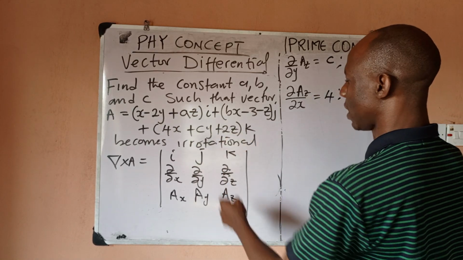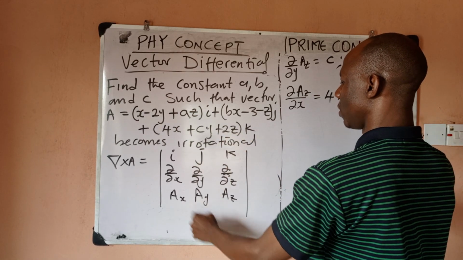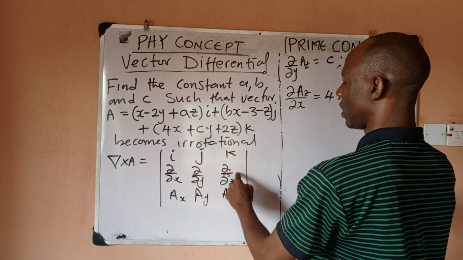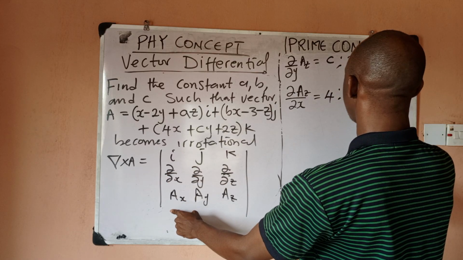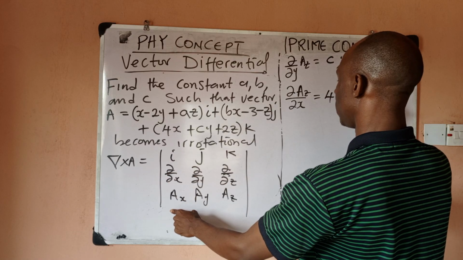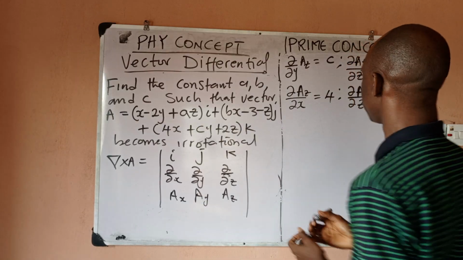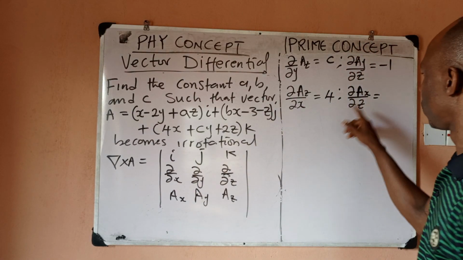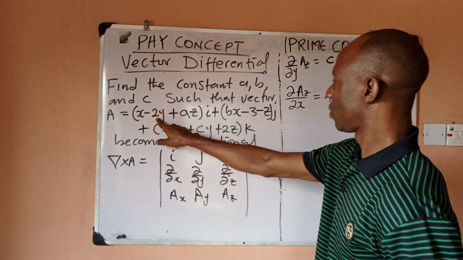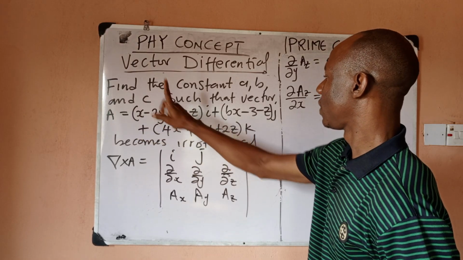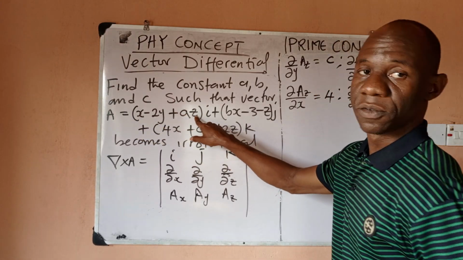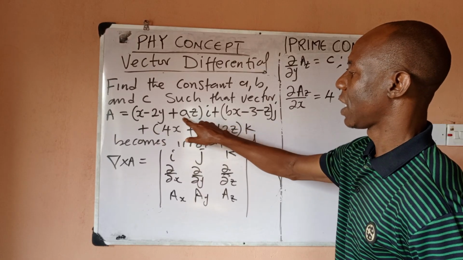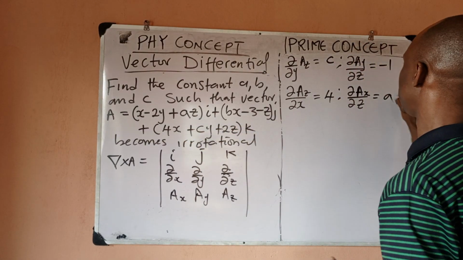Then next I want to get the derivative of Ax with respect to z. Ax is this, with respect to z, this would be 0, this would be 0, then this would be a. If you differentiate z it is 1, 1 times a is a. So that would be a.